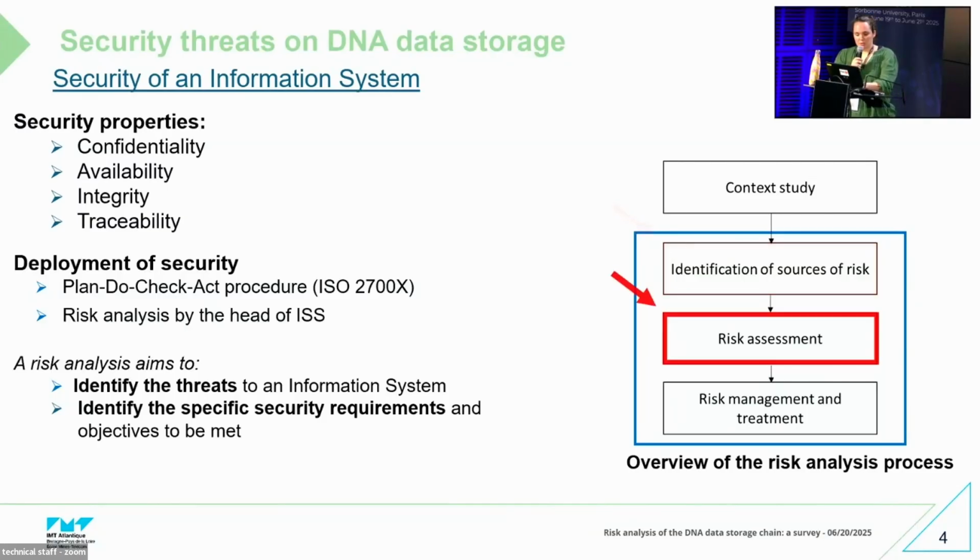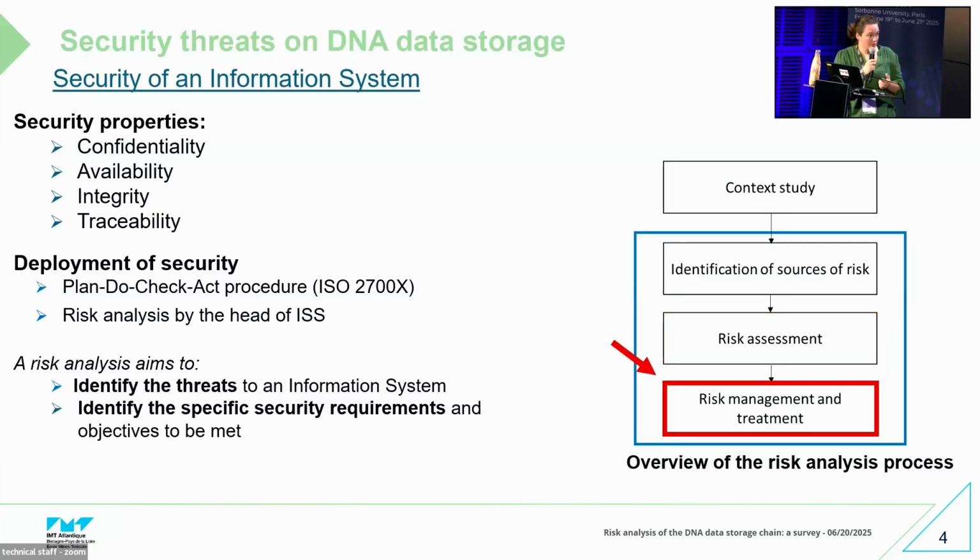The third step is the risk assessment, which evaluates the causes, the probability and impact of a risk to define its severity. And the last step is the risk management and treatment, which consists in implementing security tools and countermeasures to meet the security needs. For example, to ensure data confidentiality, a popular countermeasure is encryption.